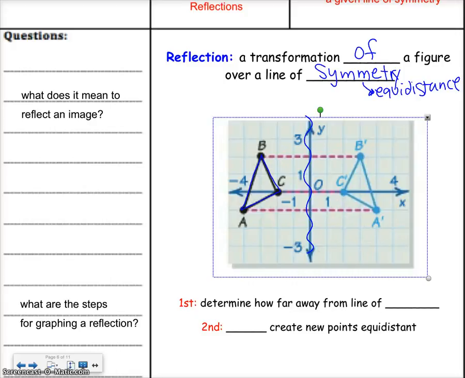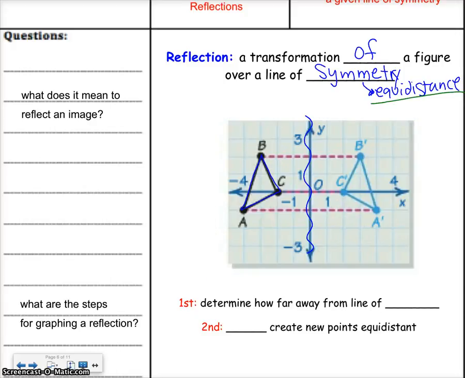The nice thing, what defines reflections, is that they are equidistant, which means equally distant from the line of symmetry. Notice that C is 2 away from the line of symmetry, and C prime is also 2 away from the line of symmetry. Notice B is 3 away, and the new B, B prime, is also 3 away.